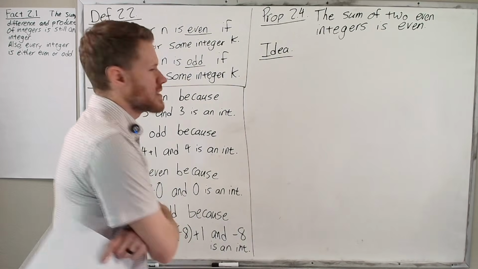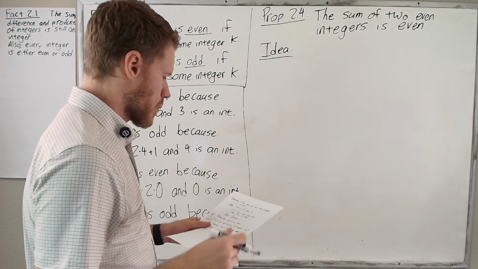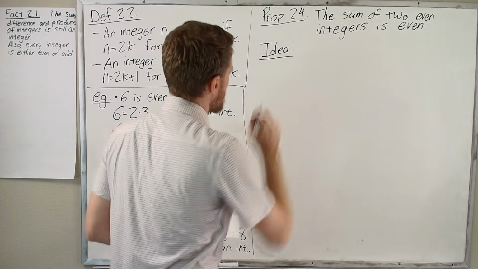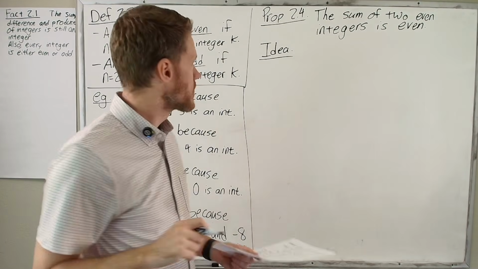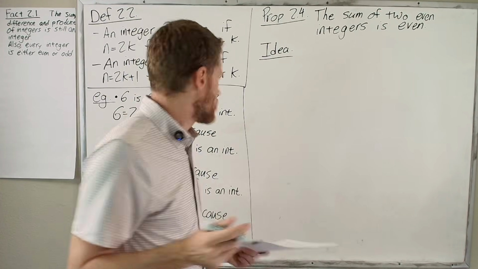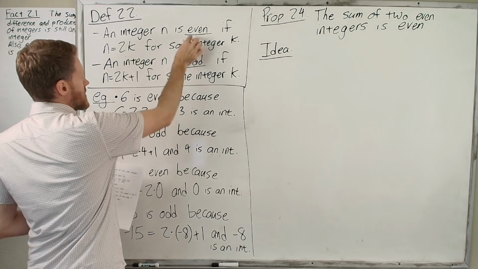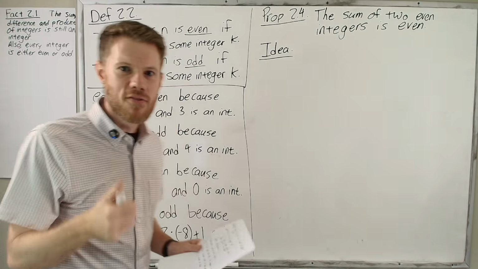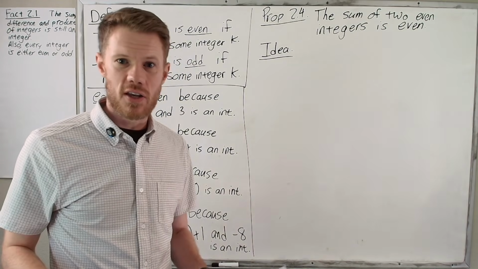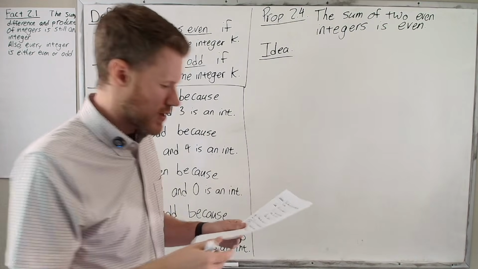All right, so here's the idea behind this proof. The idea is that first, we're going to rephrase this proposition. The sum of two even integers is even, good, but the definition says an integer n is even if. So if you had a variable that says this represents an even integer, then you have a definition that you can apply in the problem. But without that, it's not quite there yet.